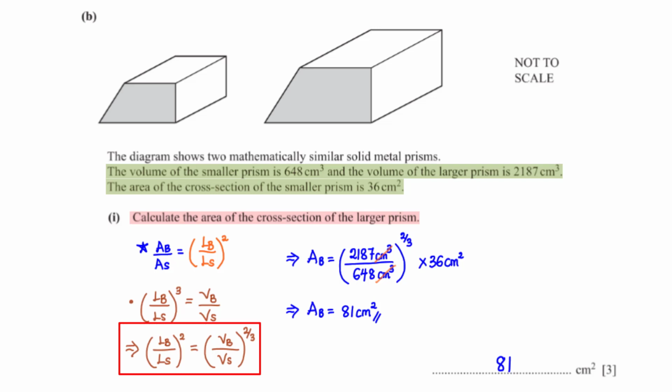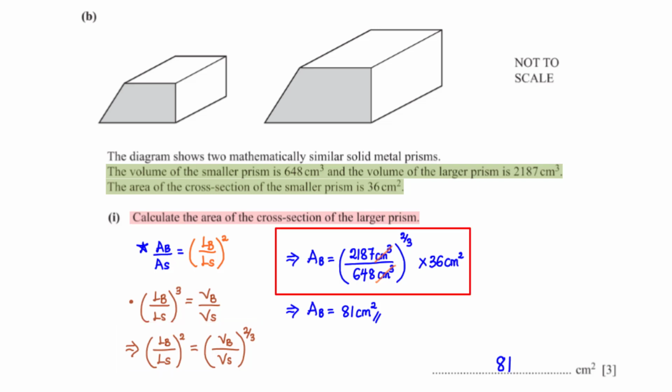So now we can say that the ratio of their areas is equal to the ratio of their volumes raised to the power 2 over 3. So now when we make the area of the bigger prism the subject of the equation and plug in the given values, this is what we get. When we type this into the calculator, we get 81 centimeters squared.